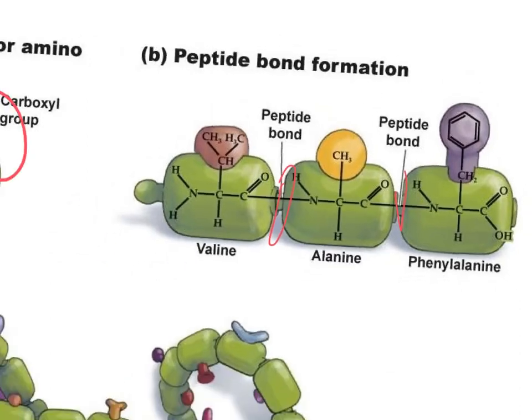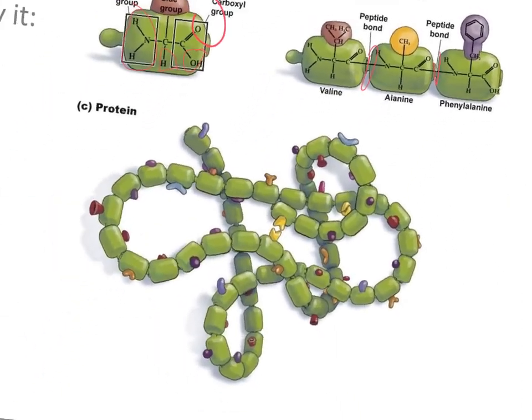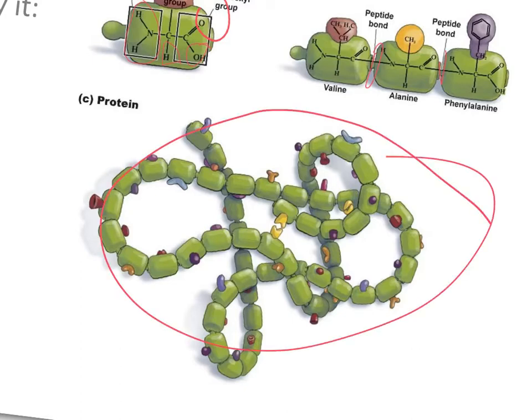And then here we have a long string of amino acids, and this is a protein, and it's folded in a certain way. So not only do you have a protein made, but it has to be folded in the right way so that it can do its work, and there are certain active sites.